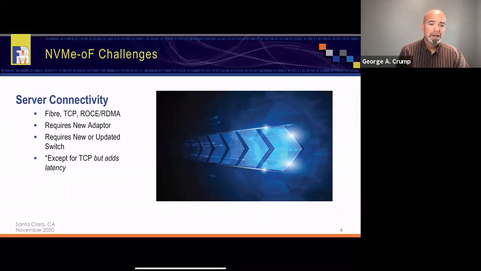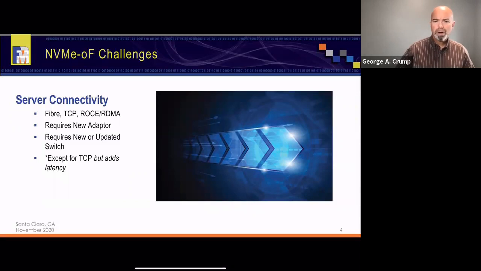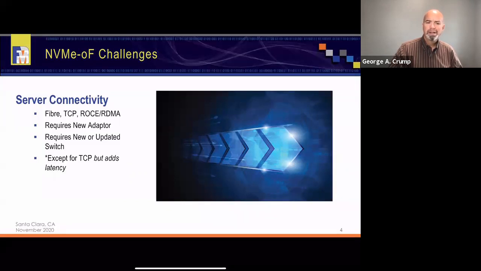Clearly, there is Fibre Channel, TCP, which is a new technology, and then RoCE or RDMA. Fibre Channel and RoCE/RDMA are probably the two that most people associate with NVMe over Fabric today. It's a very low latency, high performance way to connect, and that's really the key advantage there.